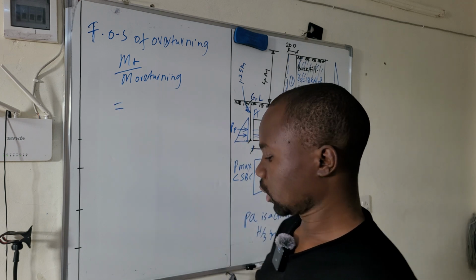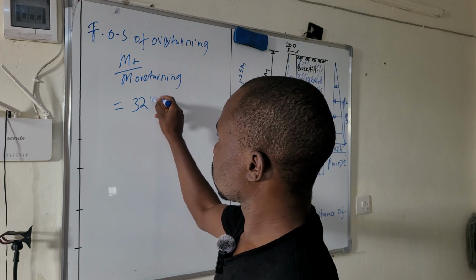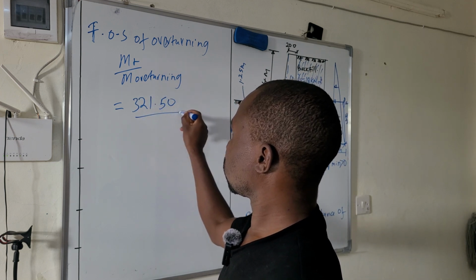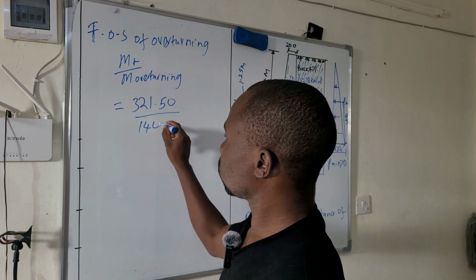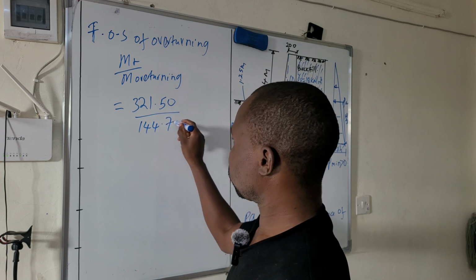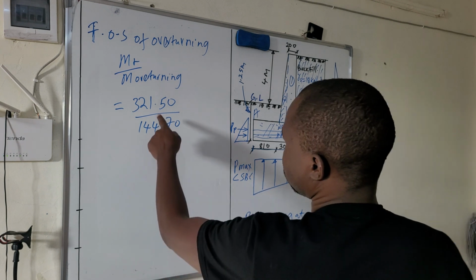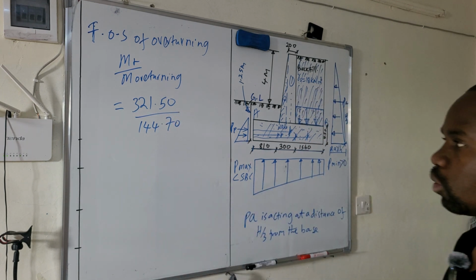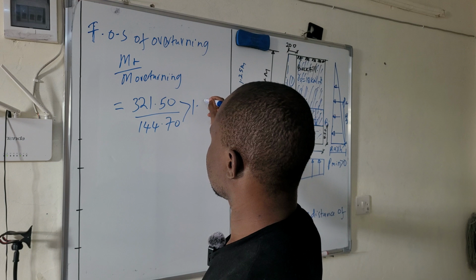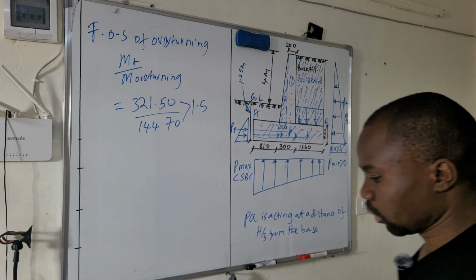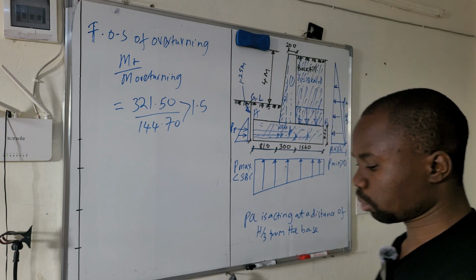So moment of resistance is equal to 321.50 over moment of overturning 144.70. So that 321.50 over 144.70 should be greater than 1.5. So let's see if it is less or greater than 1.5.